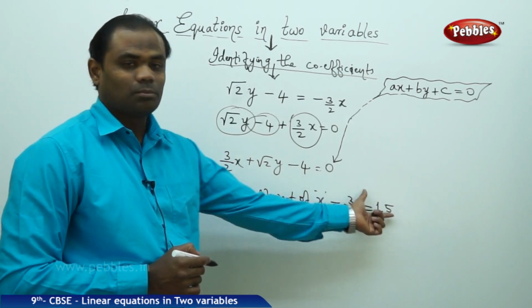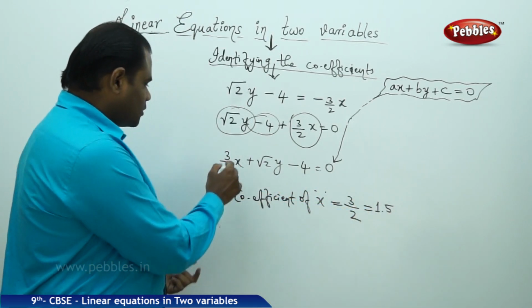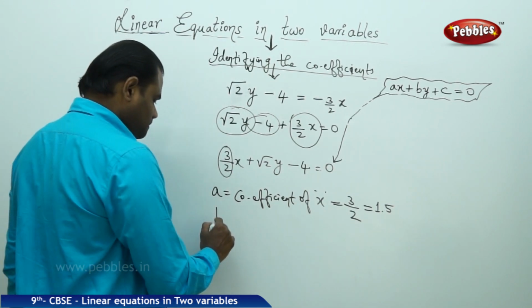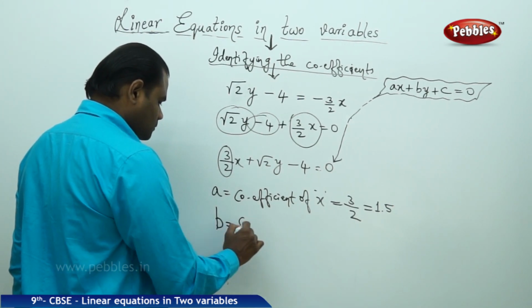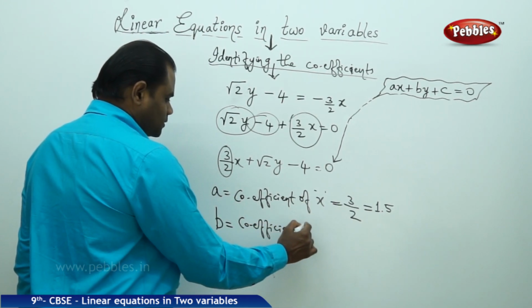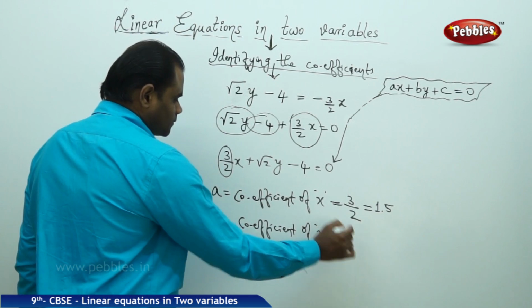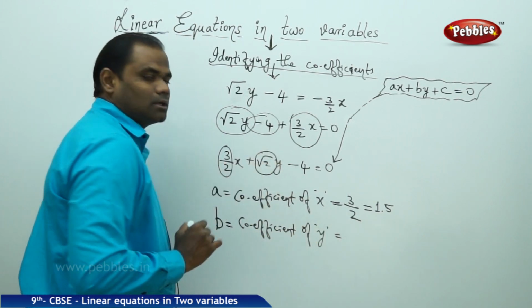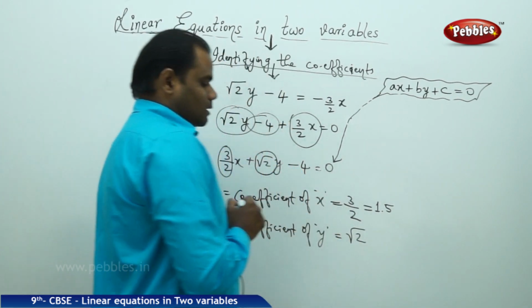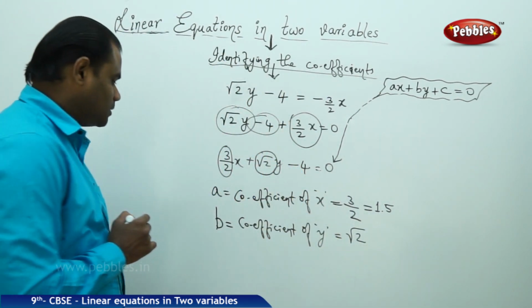So my a is 1.5 because it is the coefficient of x. Similarly, my b is the coefficient of y, which is clearly root 2. That is what we get for the value of b.